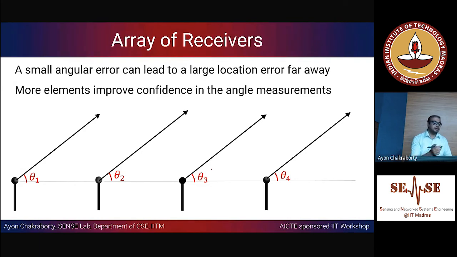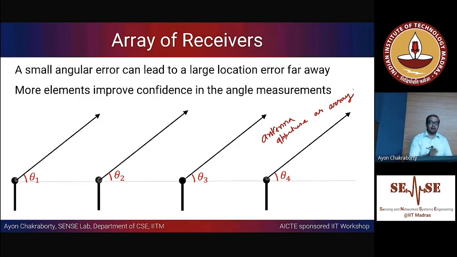So maybe the first one we are seeing is theta 1, then theta 2, theta 3, and theta 4. From this you can find out the angle from which the signal is actually arriving. This is also known as an antenna aperture, or antenna array.